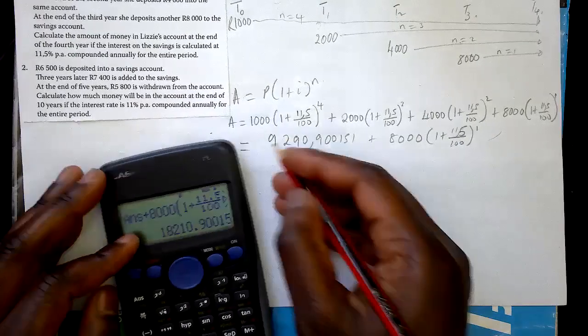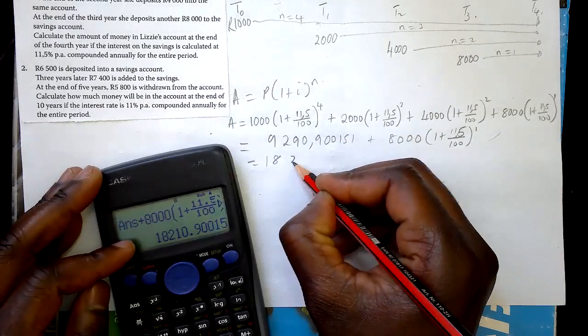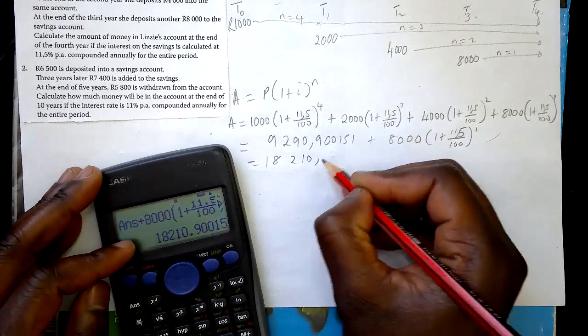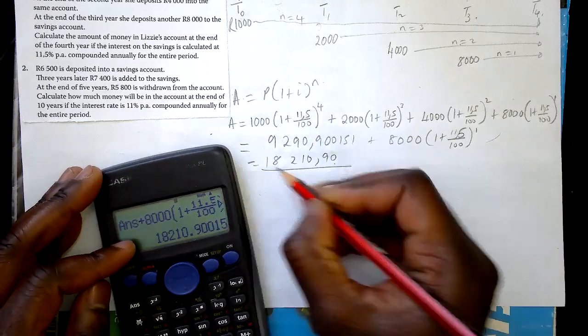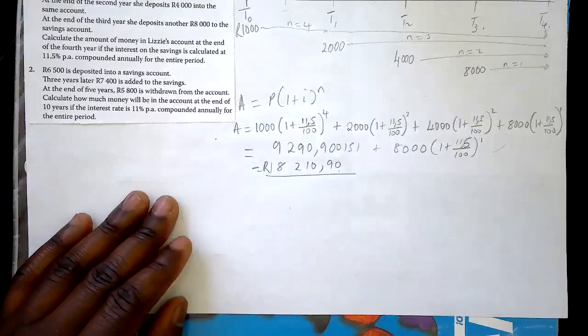What do we get there? We get 18,210,90. That's what we have here, in rands, okay? That's what we're talking about there.